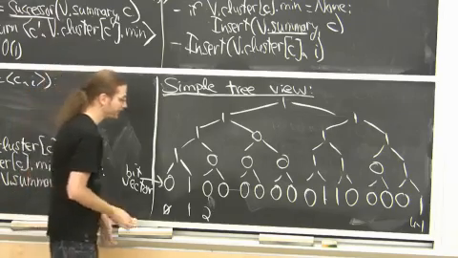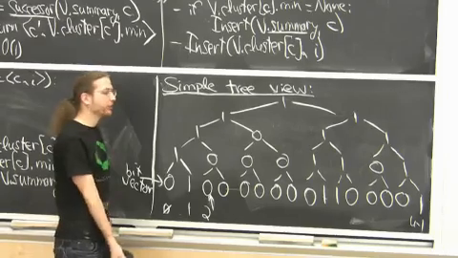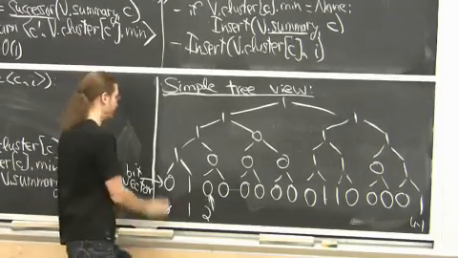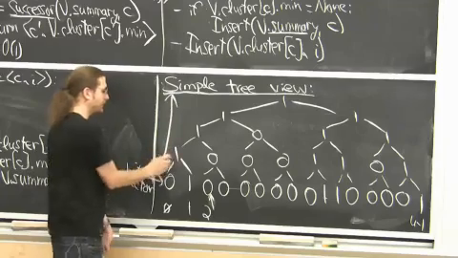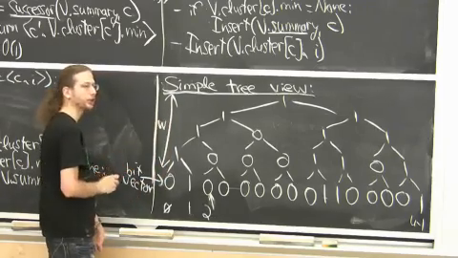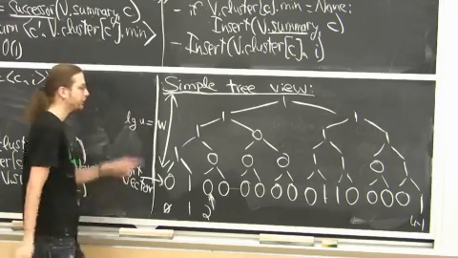And I claim if I want to compute the successor of this item, I can do it in a pretty natural way in log U time. So keep in mind this height here is W, right? Log U. So I need to achieve log W.